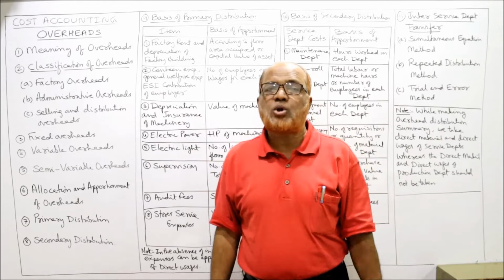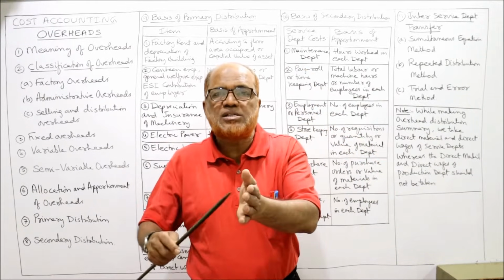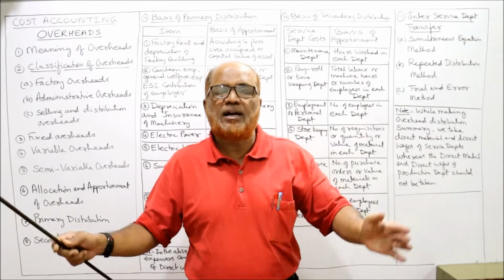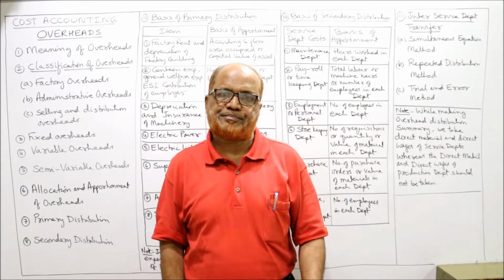Now what is apportionment? Apportionment means a common overhead should be distributed, divided between different products or different departments.